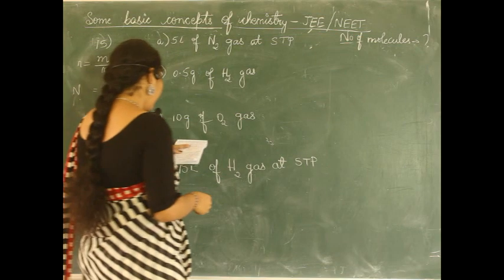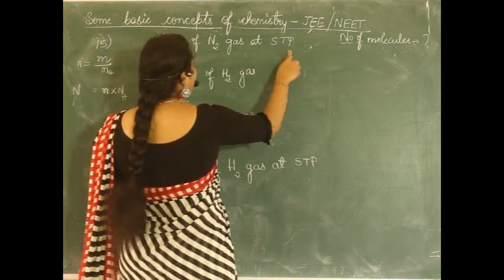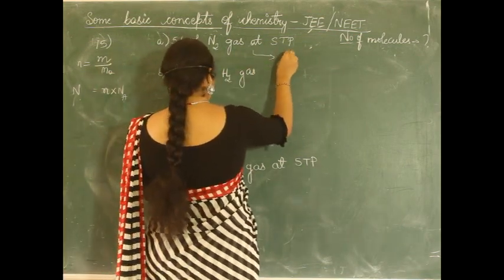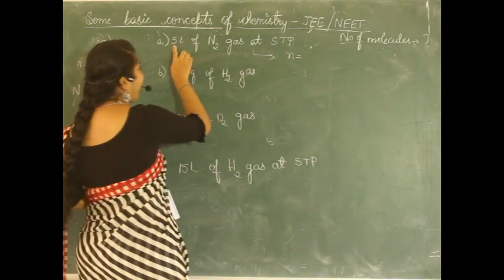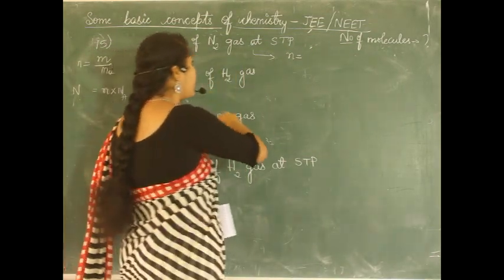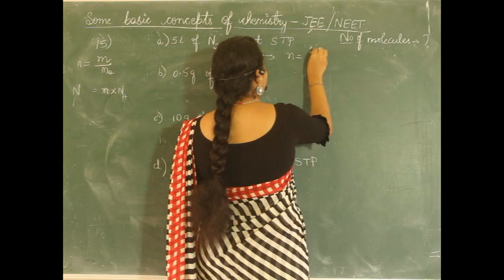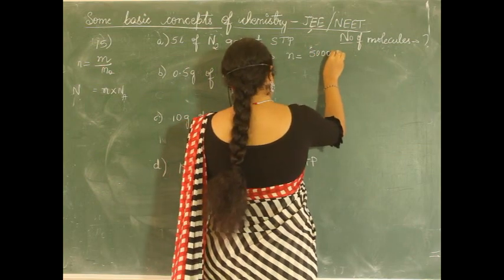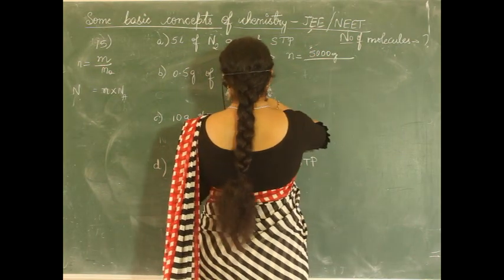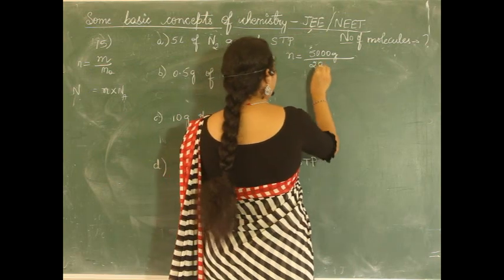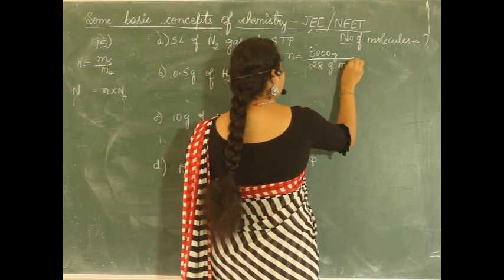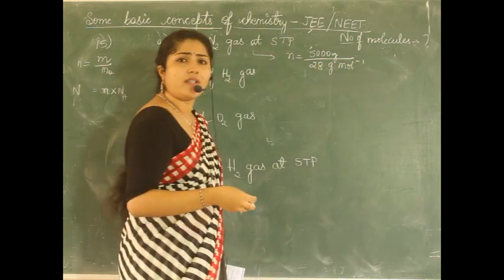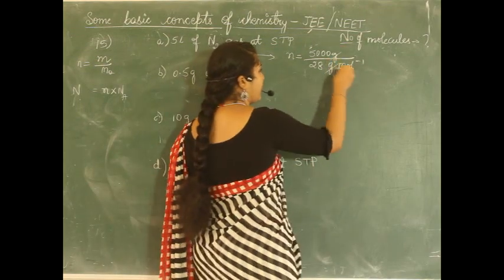It's so simple. See, we'll consider for the first option. Okay, first option, N is equal to 5 liters given. Convert it into grams. So 5 liter means 5000 gram by molar mass of nitrogen is 28 gram per mole. Here the units play a very important role. Gram cancels.